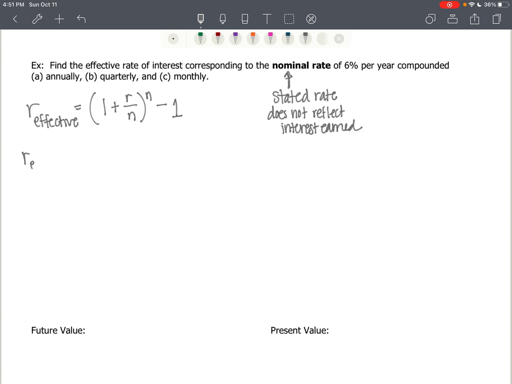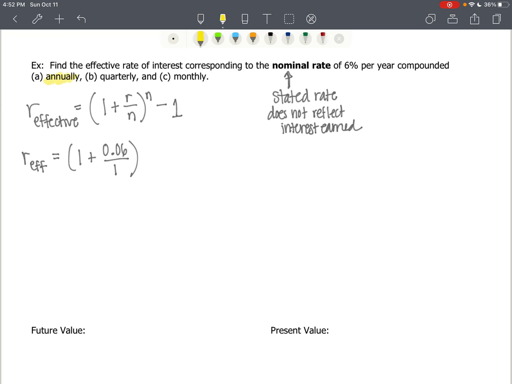So our effective rate, r sub eff, is equal to 1 plus 0.06 for your nominal rate over 1 for annually.